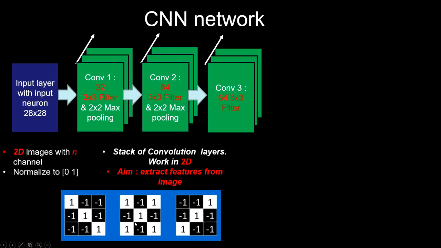And then finally, filter number 3 is also used to enhance the diagonal features at 45 degrees. All these filters are applied straight to the input image in order to extract the features from this particular image.